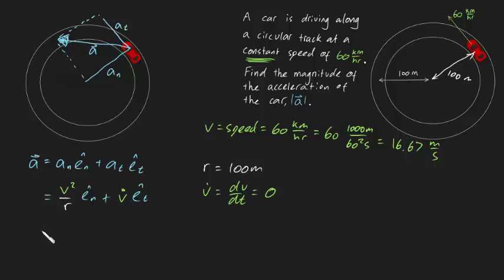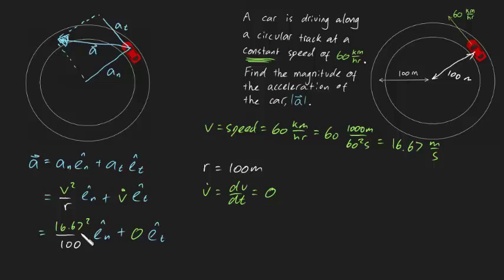So what is this? Well, v squared on r is the same thing as 16.67 squared divided by 100. Notice that I'm only using SI units. That's a very good habit to get into. Times en plus v dot, which is 0, as we just discussed, times et.